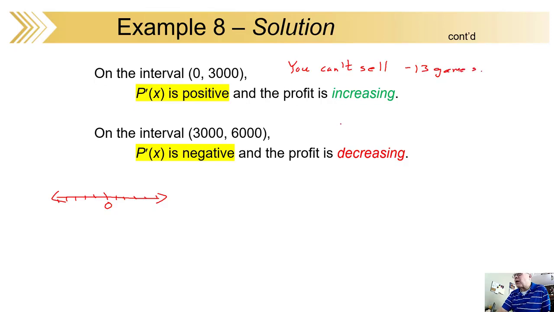You could sell 0 games, but not a negative 13 games. So this first interval doesn't even start until you get to 0 games. The 3,000, of course, is the critical point, and 3,000 is where your second interval starts, and it only goes to 6,000.